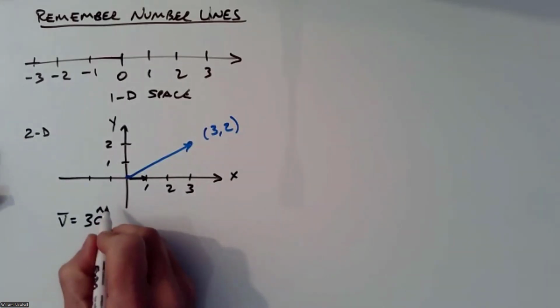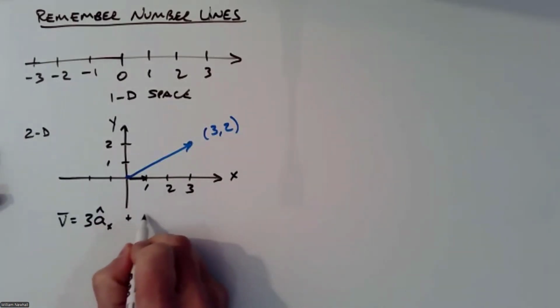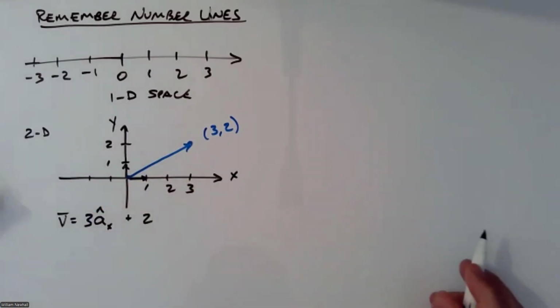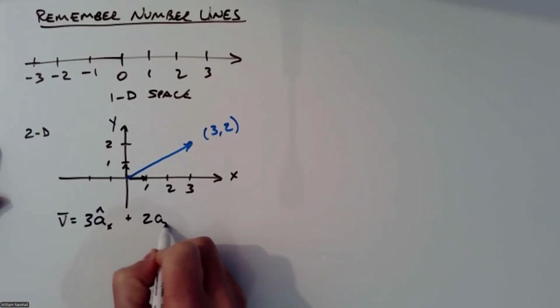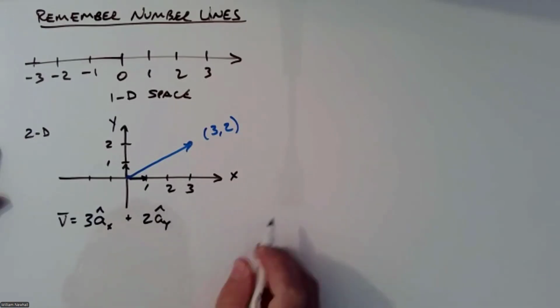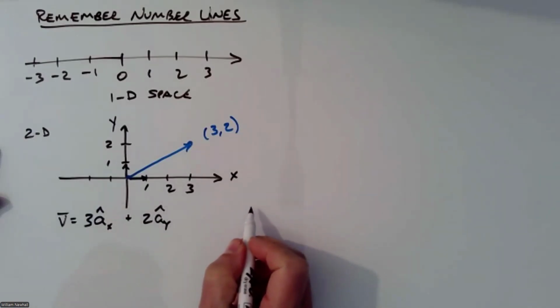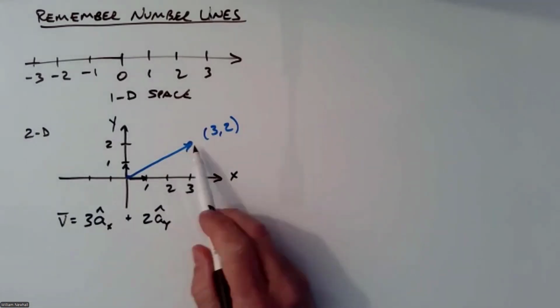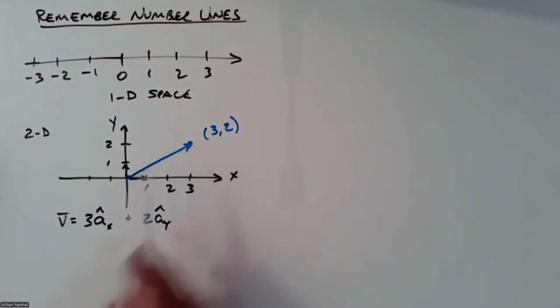Okay. And then we said, well, we're going to now express the y dimension with a y unit vector, ay hat, right? And that represented this vector of this length and of that orientation or that angle.